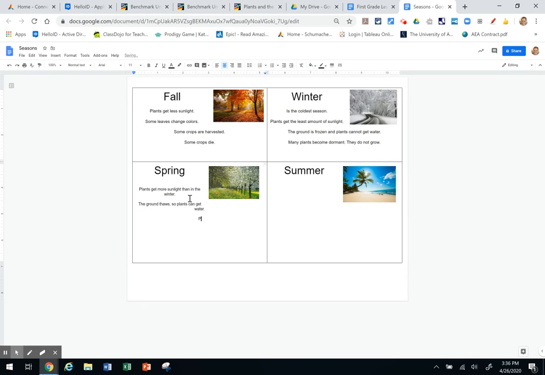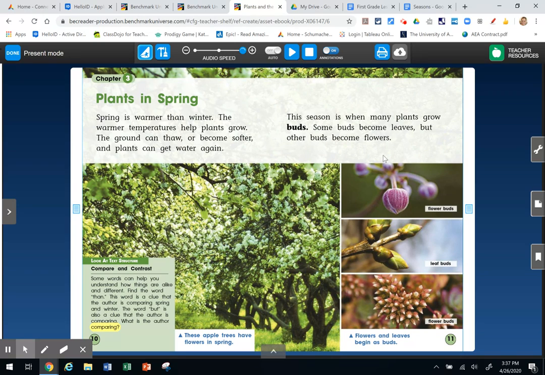And finally, the plants start to grow buds. And if you go outside and you look at the trees outside, right out my door, I can see them. And you look at the tips, they're starting to grow those little buds. Okay, so remember, buds look like this and they can either become flowers or sometimes they can become leaves. Okay, all right, let's go ahead and read about summer.